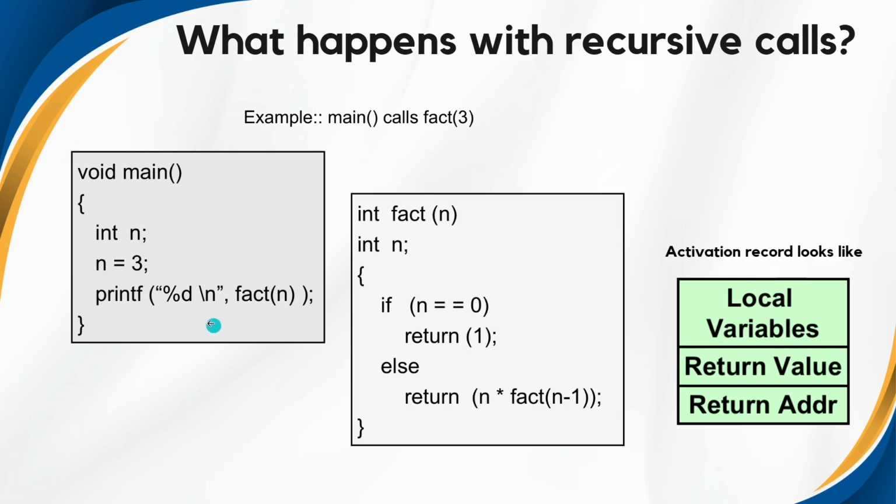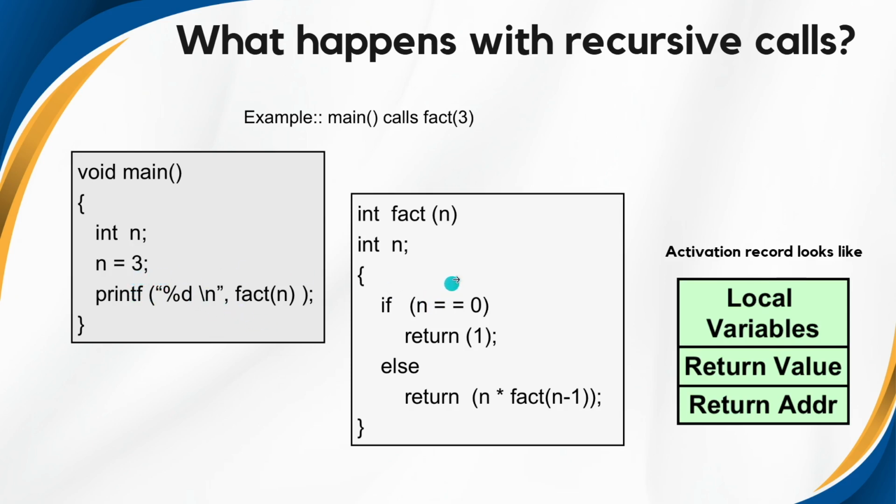So here in this example we are going to see how stacks are used to handle activation records when recursive calls are made. Here we have a main program from where we make a call to the function named fact, and we are going to call this function fact with the value of n as 3.